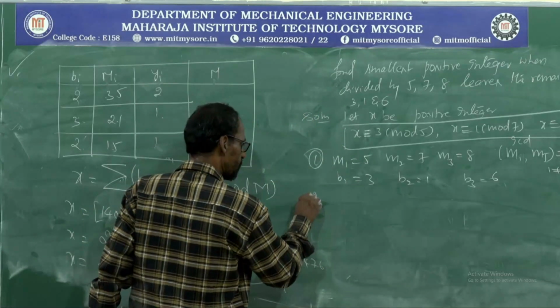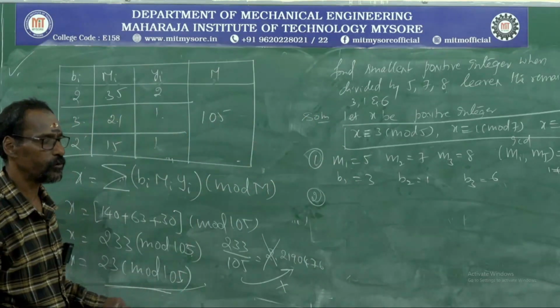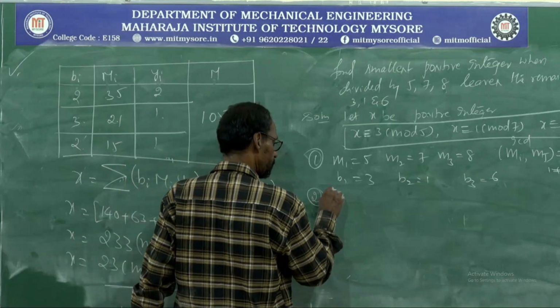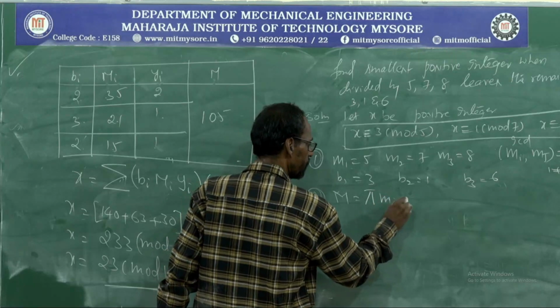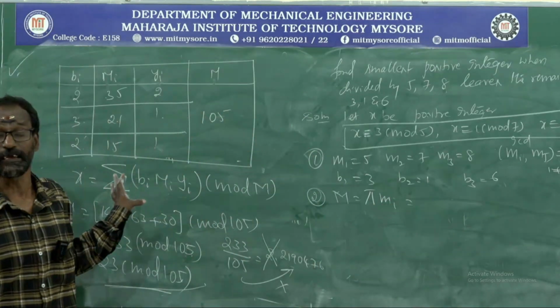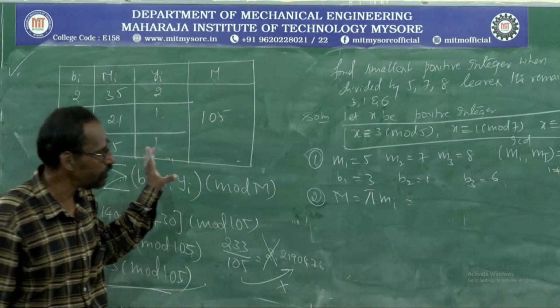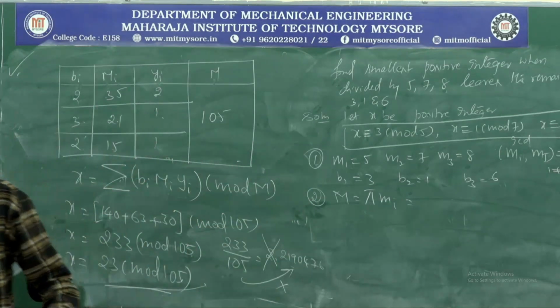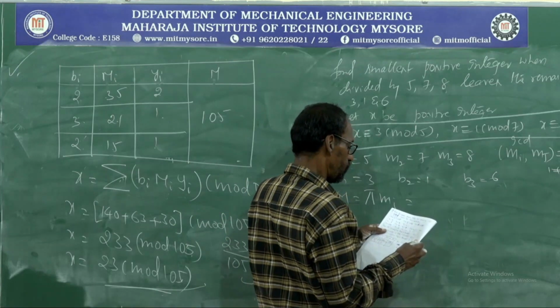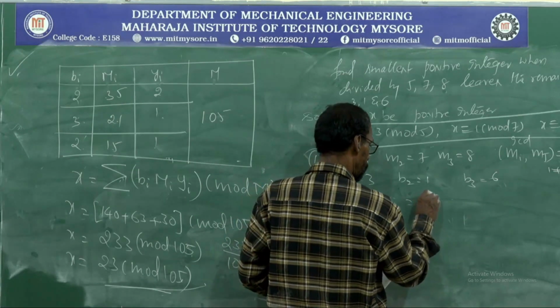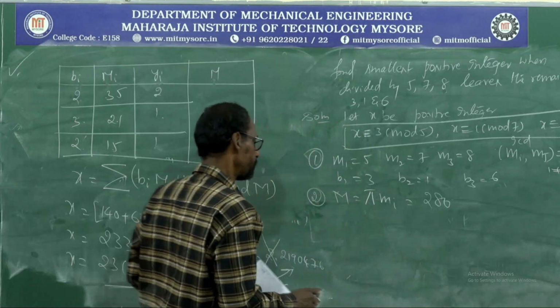Step number 1. What is step number 2? Step number 2, get the capital M. What is the capital M? It is the product of mi. That is, multiply all the m values, that is m1, m2, m3. If you multiply m1, m2, m3, it is going to be 280.